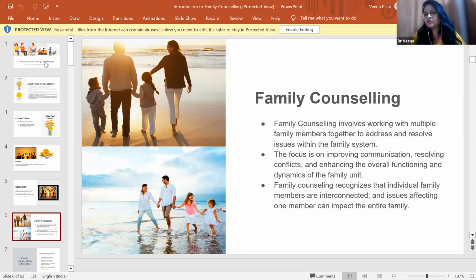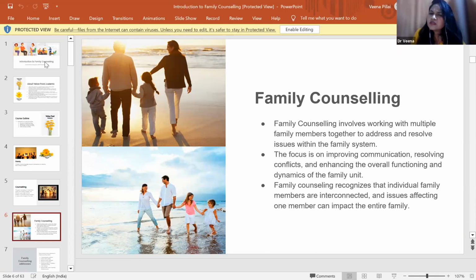It could be between a father and a son, a daughter and a mother, or between grandparents and grandchildren. Any persons or members related to a family can be involved, working together to address and resolve issues within the family system. It also focuses on improving communication.